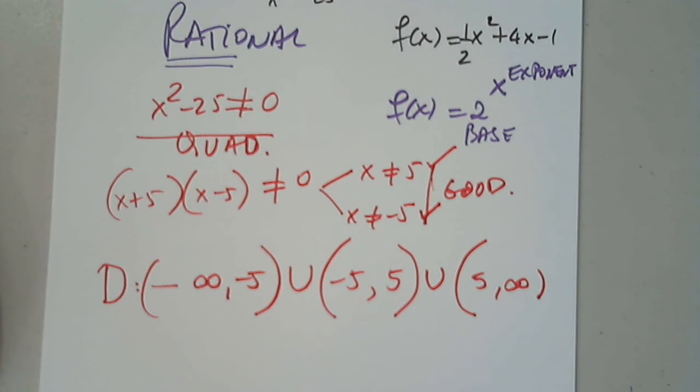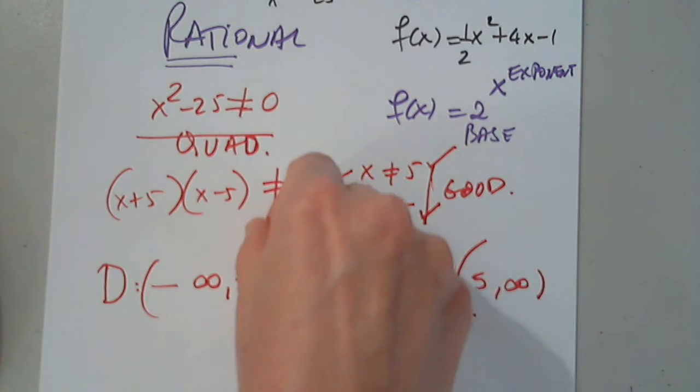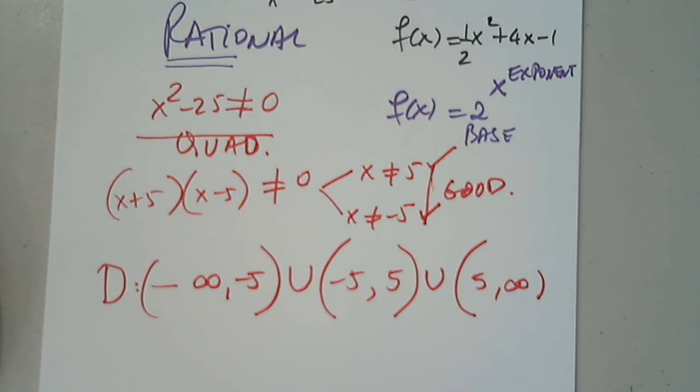Any questions on this problem? Of course not. If you put a square bracket, you are including negative 5. This specifically means not included. A bracket will be a tragedy in this problem.